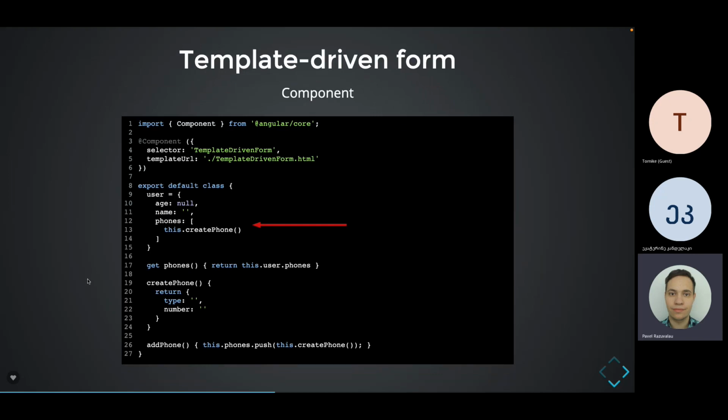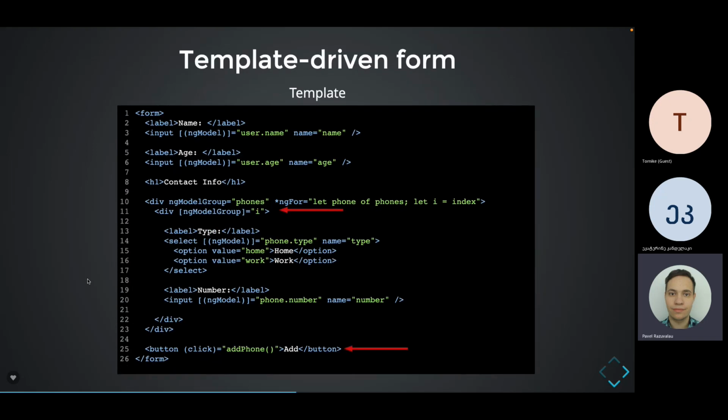So as for the template-driven form, our property forms is the array. And in case we need to add a new phone, we simply invoke the create phone method that will push the new object to the phones array. And to reflect the changes, we need a couple of changes in the template.